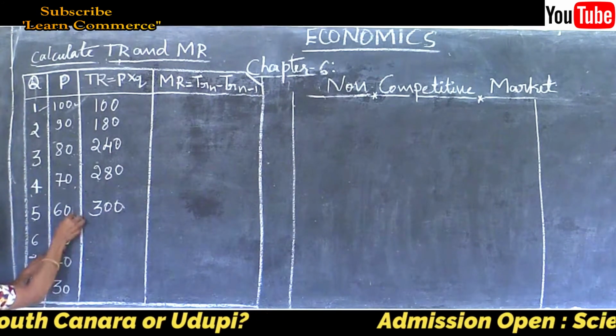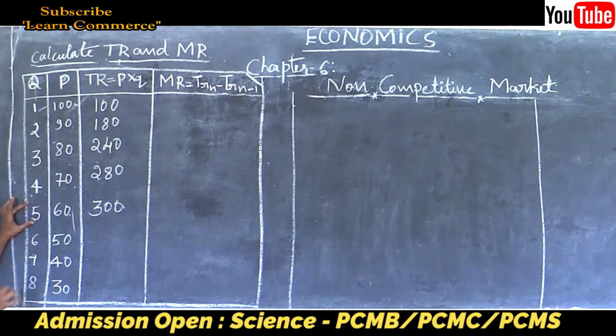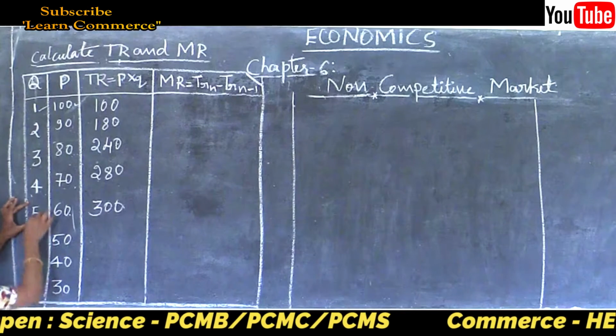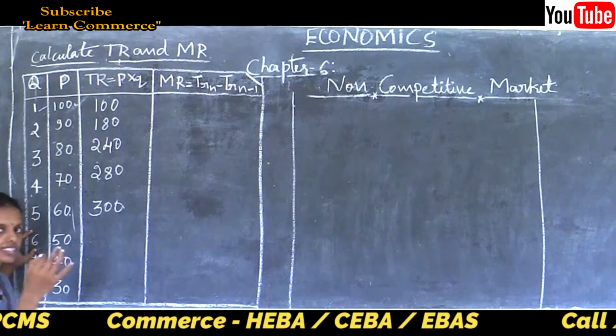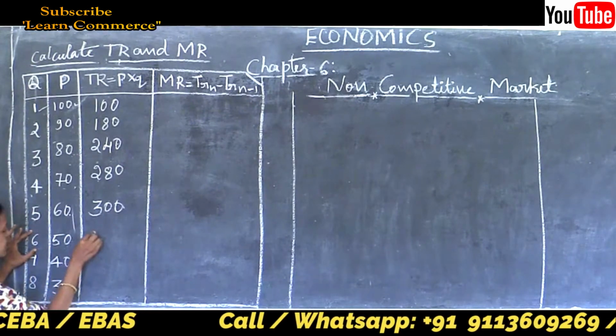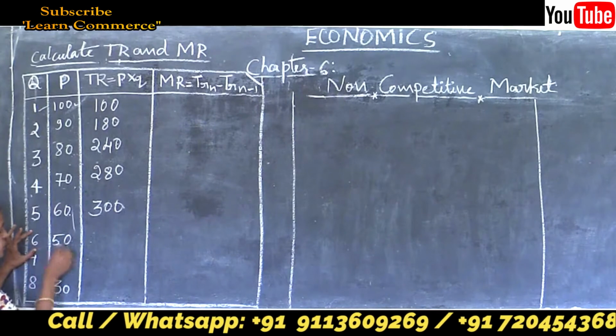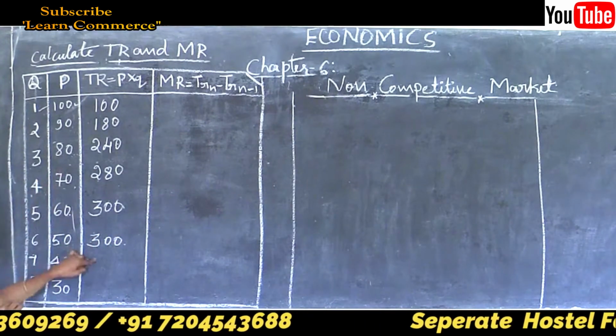Again here the price decreases from 60 to 50 rupees, and units of production or sales increase from 5 to 6. As we studied, when the price decreases, demand increases, thus production also goes on increasing. Thus here again 50 into 6, that is 300, is the total revenue.